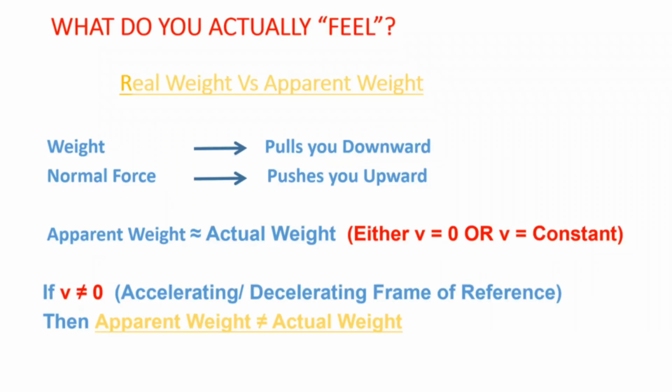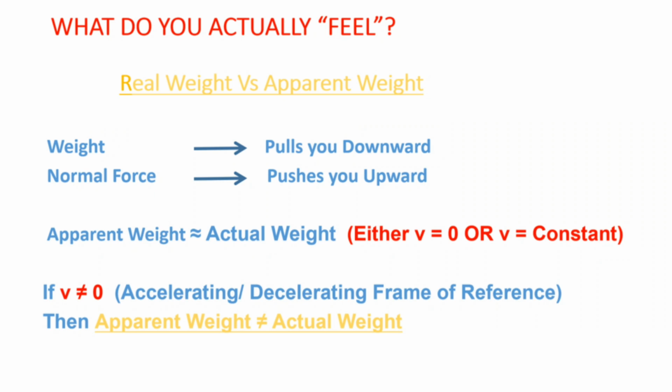Now here is the surprising part. You don't actually feel your weight. What you feel is the normal force, the push of the ground or the elevator floor on your body. Weight pulls you downward, whereas normal force pushes you upward. When you are standing still, the normal force is same as the weight of the object.